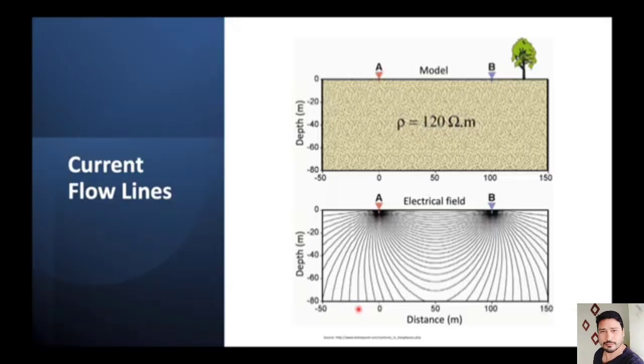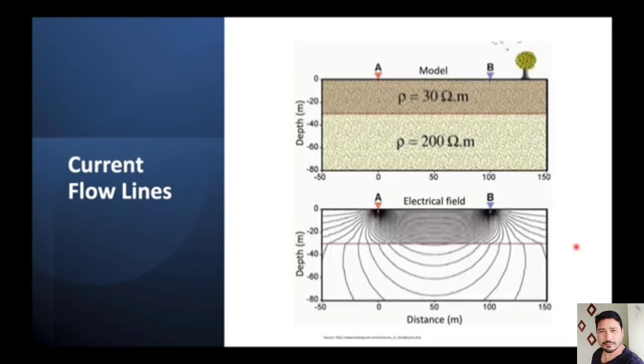Now, all these theoretical calculations assume a uniform Earth, where the electric currents can go downwards and outwards as they please, and there's no change in the resistivity. In the real world, we can have an example like this, where there's a lower resistivity layer at the surface, and what happens then is that more of the currents will stay around in this layer.